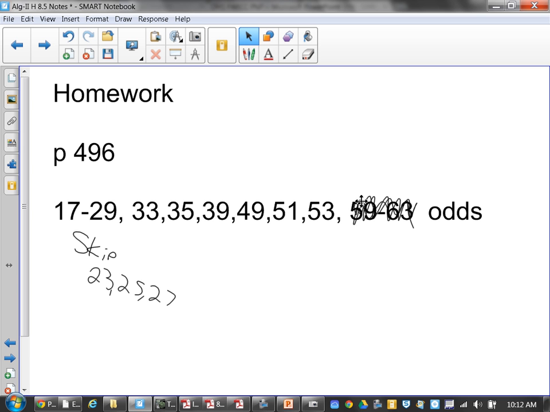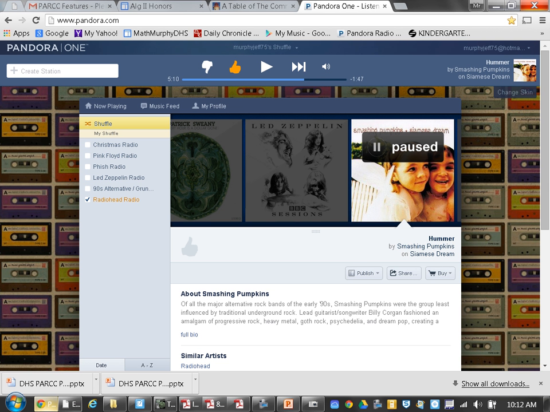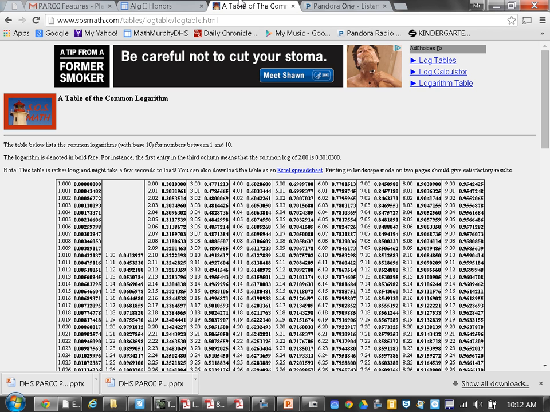Why would you do long form lattice? I like lattice too, because you can do the log tables. You don't know how to actually do multiplication.